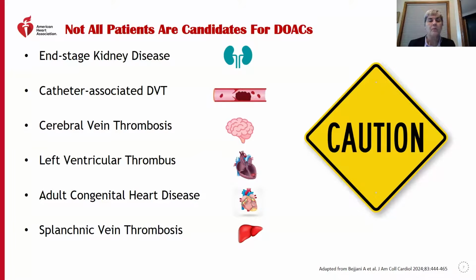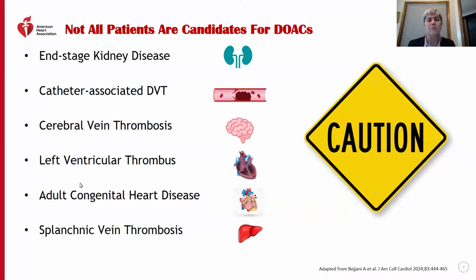Certainly, there are some underlying conditions, including APLA, that may limit your ability to widely apply DOACs in patients with cerebral vein thrombosis. Left ventricular thrombus is another area where the data is relatively mixed. The guidelines still suggest that maybe warfarin is our preferred therapy. But again, I think taking the full perspective of the patient into consideration is very appropriate.